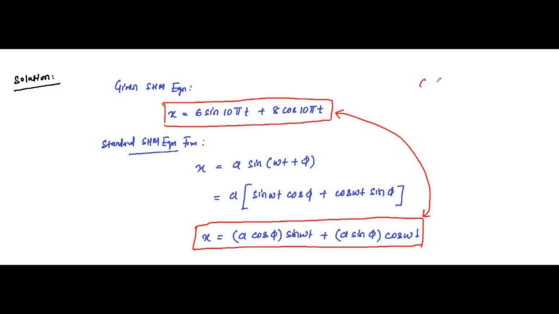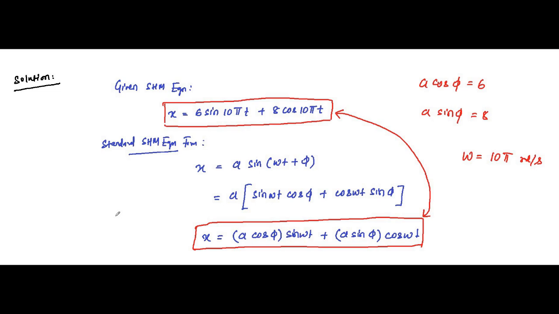So a cos phi is equal to 6 and a sin phi is equal to 8 when we compare. Then the angular frequency: sin omega t is sin 10 pi t, cos omega t is cos 10 pi t. 10 pi is constant in both cases, so the angular frequency is equal to 10 pi radians per second.